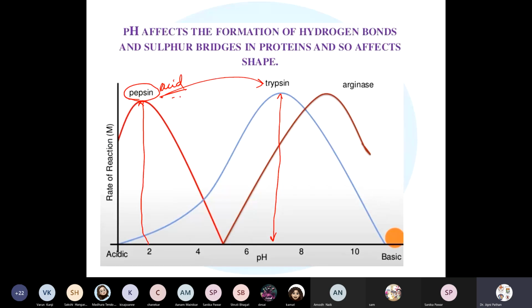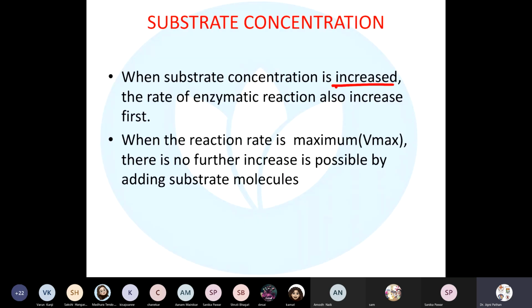Okay. Next, we'll be studying substrate concentration. You all know the substrate binds with the enzyme. So when the substrate concentration is increased, the rate of enzymatic reaction also increases at first, because enzyme is present, substrate is present.